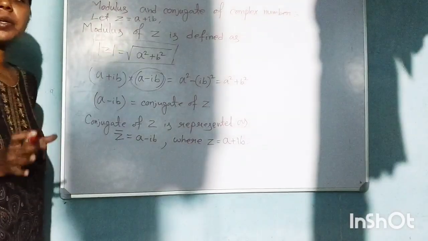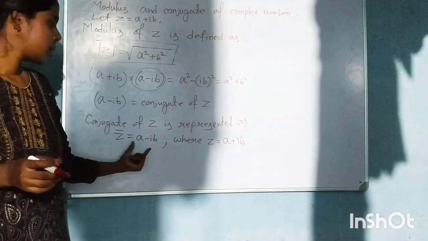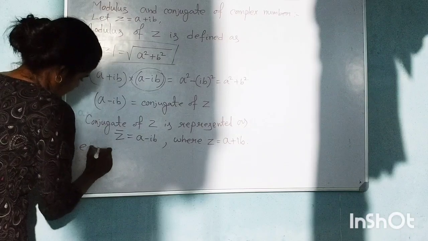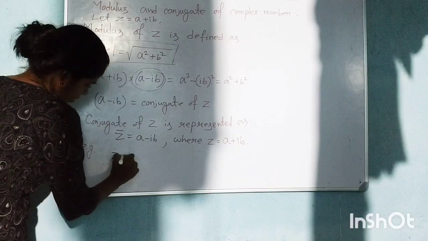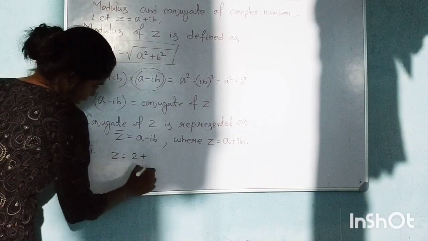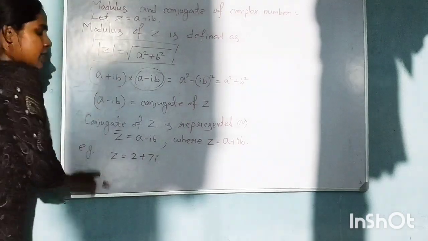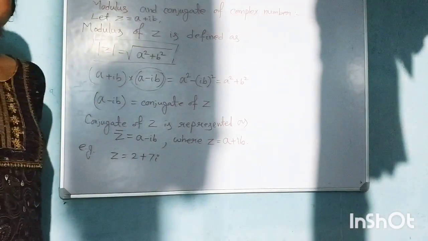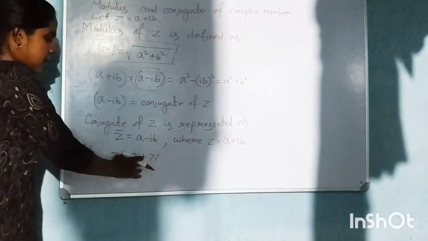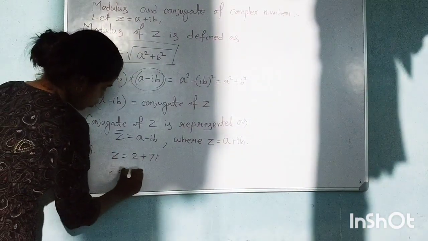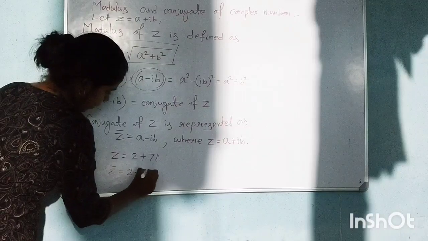So for any complex number you can derive the conjugate of z. For example, tell me, z equal to 2 plus 7i. Tell me what is the conjugate of z? Yes, only the plus sign will be changed. The conjugate of z will be 2 minus 7i.